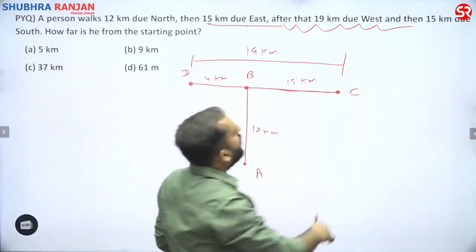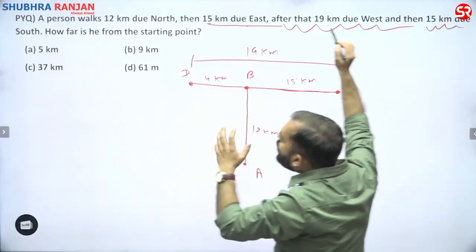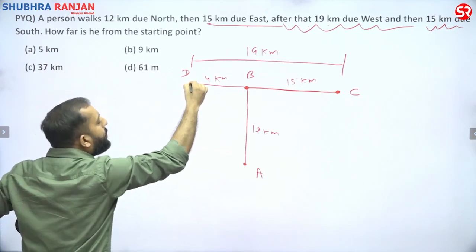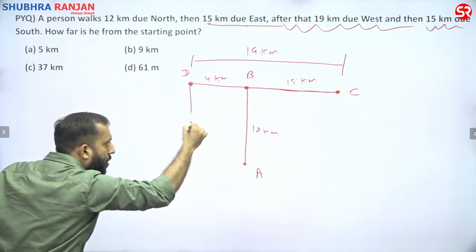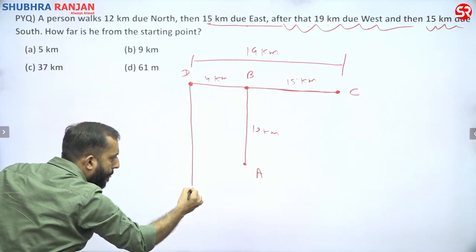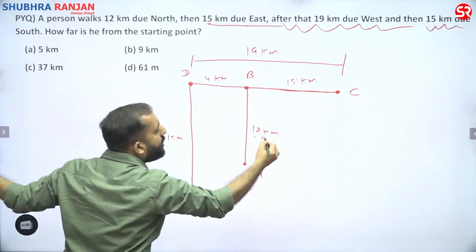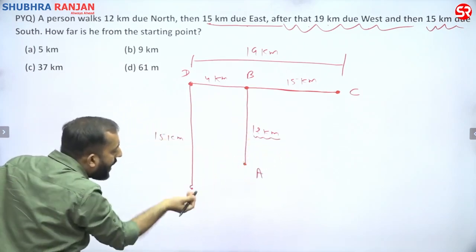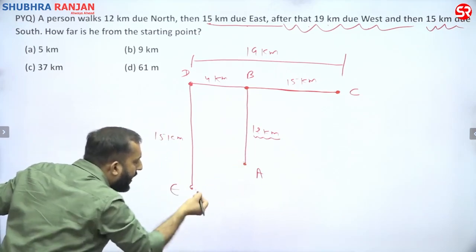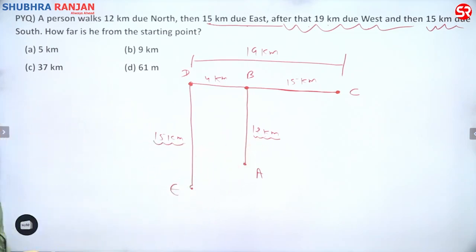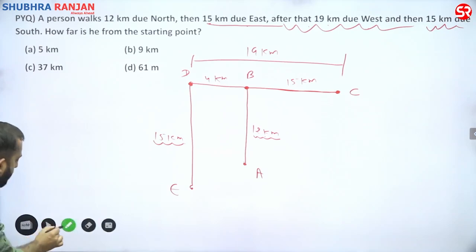Then 15 kilometers due south, from point D. It is quite obvious that A to B was only 12 kilometers, so the final point must be below point A, because this distance is 15 and this distance is 12. Clear to everybody?